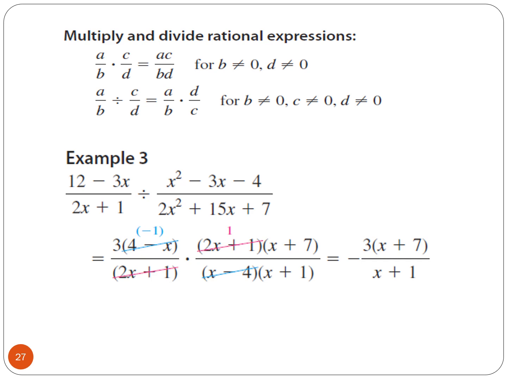You want to apply these rules, try to factor, and then cancel common factors, and that will simplify your original expression. And the result of this division, in this case, will be minus 3 times x plus 7 divided by x plus 1.